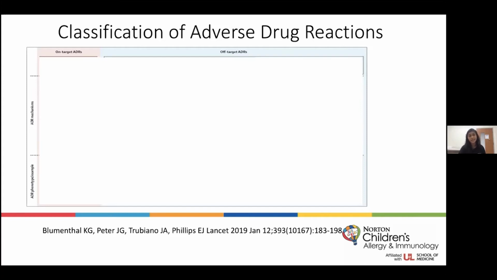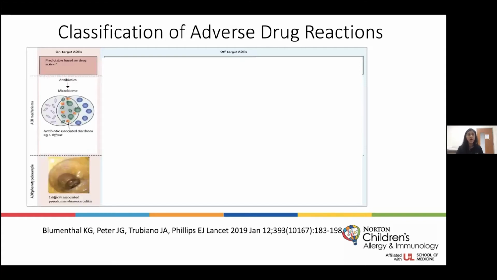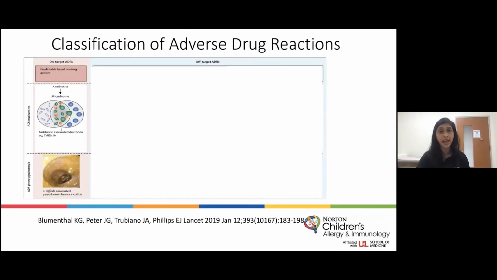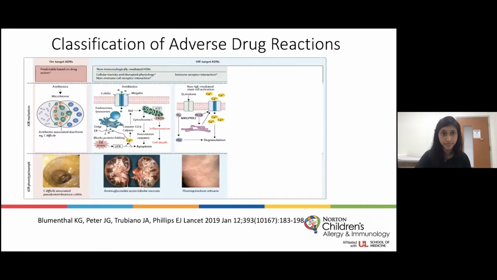As our mechanistic understanding of adverse drug reactions improved, we now classify them as on-target and off-target adverse drug reactions. On-target are basically predictable based on drug action. C. diff colitis is a classic example.